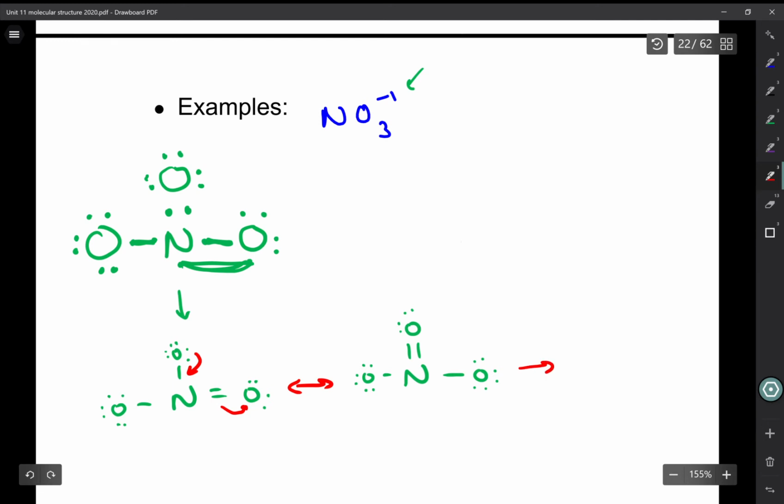And the same thing can happen where that'll pop back up, and that unshared pair will turn into a shared pair. And you got something like this. This is back to a single bond. And then that bond can become back to an unshared pair of electrons.